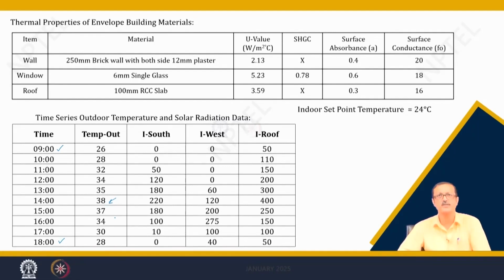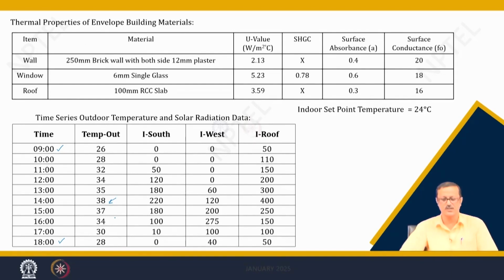The roof is exposed to some amount of solar radiation throughout, but the southern side gets radiation from the sun from 11 to almost 17, that is 5 o'clock, whereas the western side gets radiation from 1 p.m. to 6 p.m. or so. The values are given in watt per meter square, and all the material data is also mentioned in the top table.